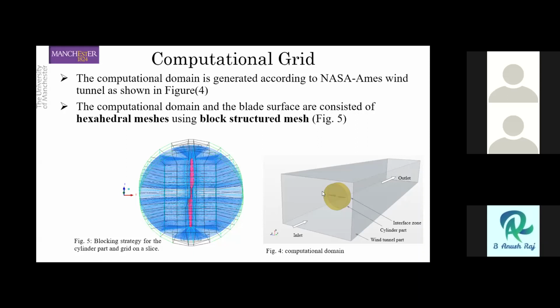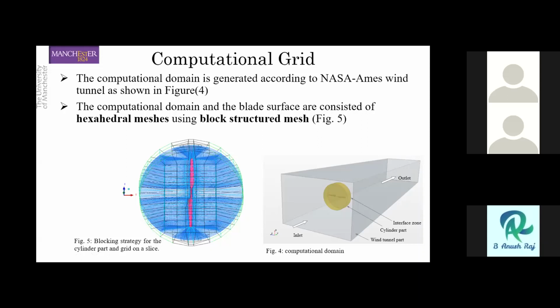As shown here in the figure, we have the computational domain, which is the wind tunnel, with the rotating part, which is the cylindrical part here at the middle of the wind tunnel, with a length of 170 meter in the streamwise direction. This length of the wind tunnel is around 170 meter, according to 17 times the rotor diameter.